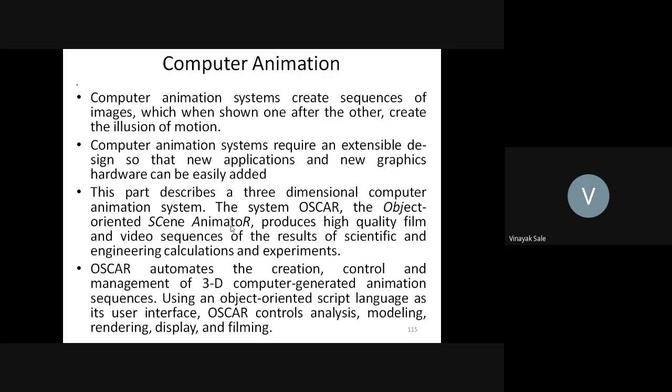The OSCAR automates the creation, control and management of 3D computer generated animation sequences. Using an object-oriented script language as its user interface, Oscar controls analysis, modeling, rendering, display, and filming.